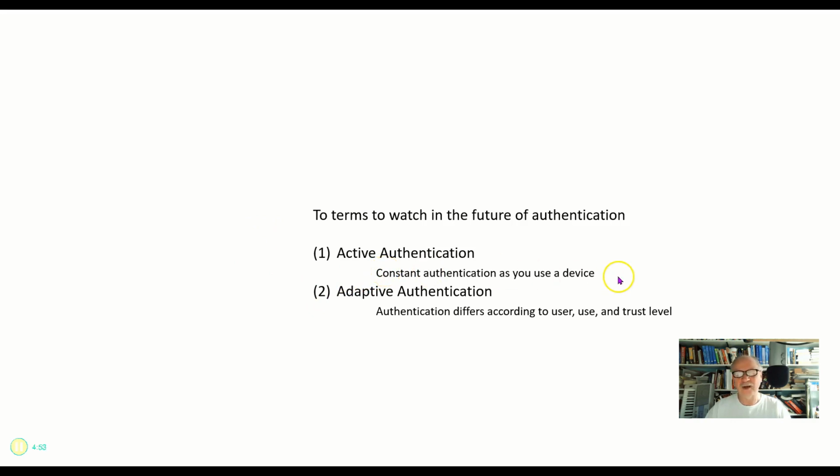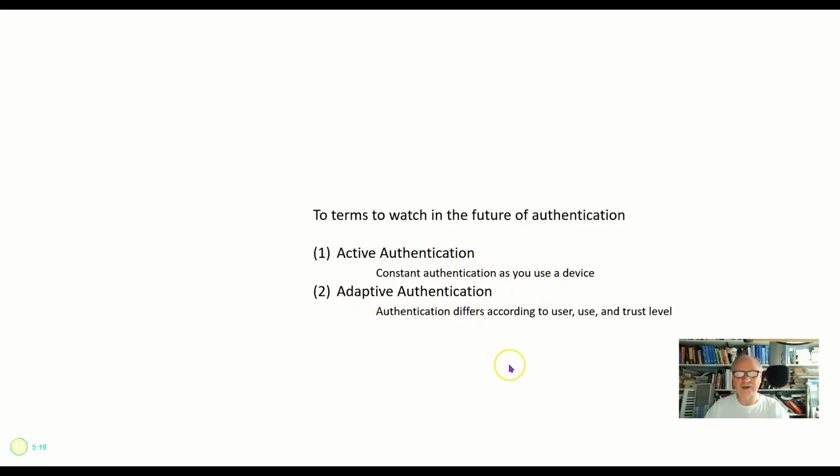And there are some problems with it, and it's really not popular yet. One problem is the battery drainage on your phone for this thing constantly authenticating you. But that's what active authentication means, that it's constantly authenticating you. And if you hand your phone off to someone else or you lose it, then it's useless to that other person, because they don't have the same behavioral characteristics that you do.